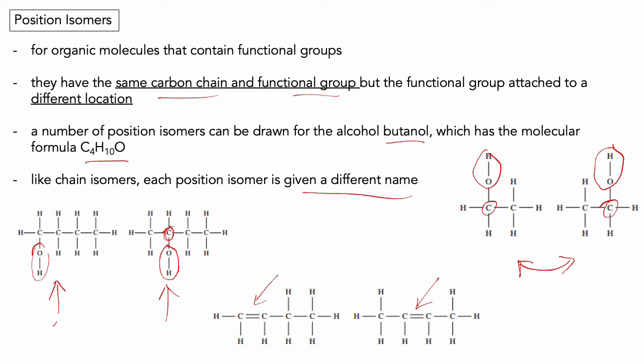So remember, they're three-dimensional objects, and you've got to keep that in mind when you're looking at these molecules. Could I flip that molecule around, and that hydroxyl group, or whatever the functional group is, it's actually attached to the same carbon. I'm just looking at a mirror image of the same molecule. So bear that in mind. These are not position isomers. That's just something to keep in mind when you try to identify, draw, or name any of these position isomers.